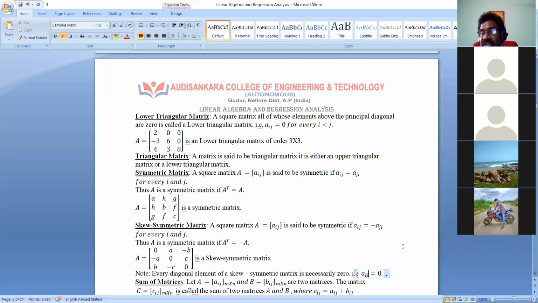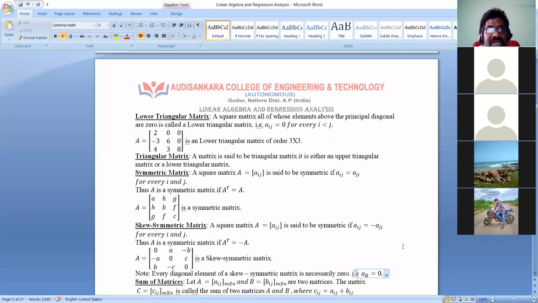Vinila, you got this one, right? Yes, sir. AB and BA exist only when both the matrices are of the same order, that means square matrices only. If those are not square matrices, then the multiplications AB and BA do not exist.